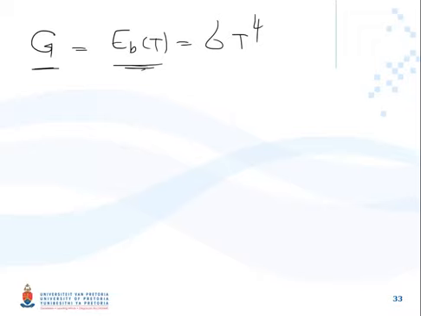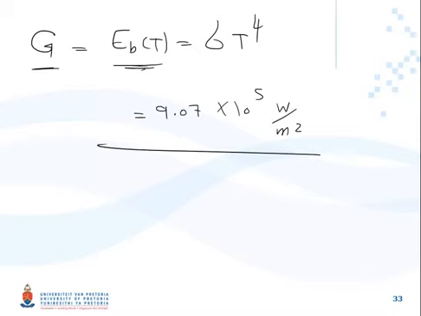So the amount of emission is exactly the amount of energy that comes in; it's exactly the same as the amount of radiation heat transfer that goes out. So it will be equal to 9.07 times 10 to the power of 5 watt per square meter. We just calculated that.